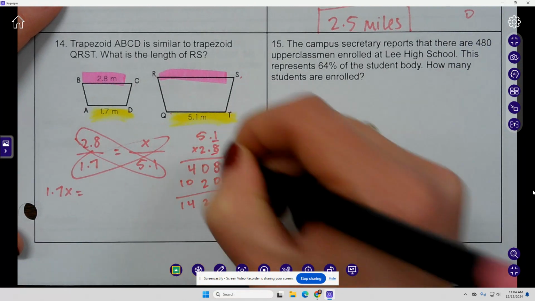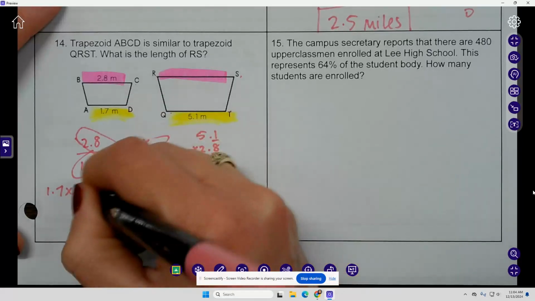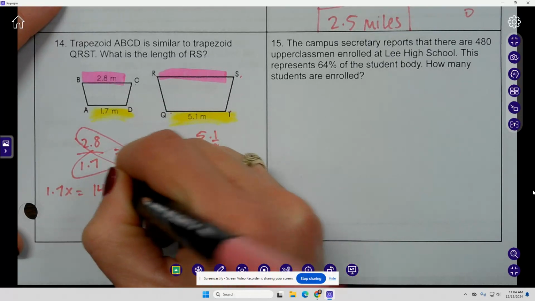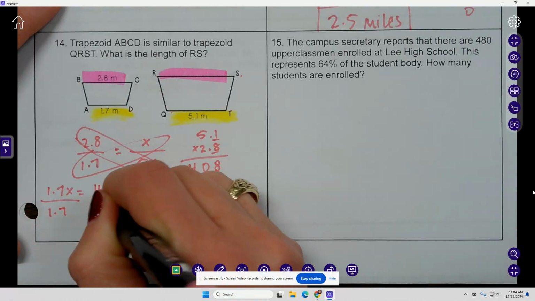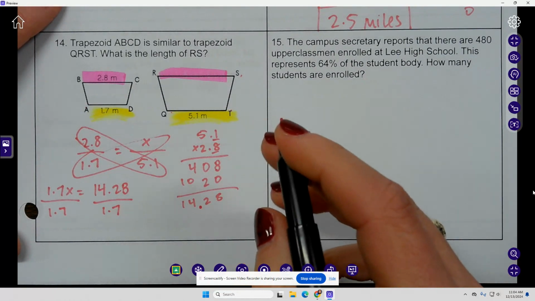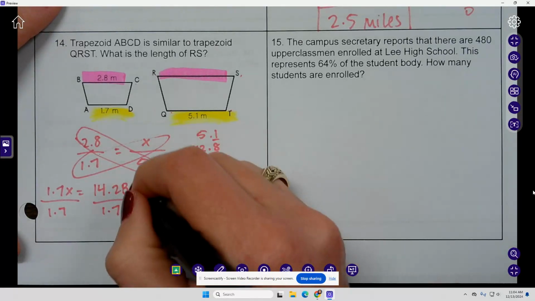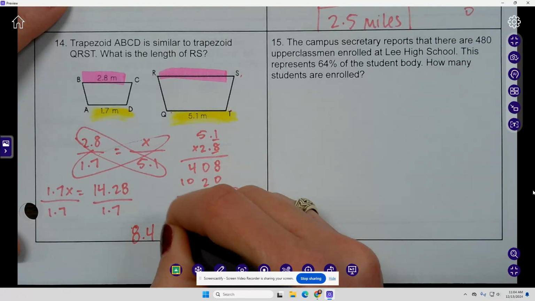I have two places after the decimal, so I need to move it 1, 2. So it's 14.28. I'm going to divide by 1.7. I'm really running out of room here. So I'm going to go ahead and tell you, you know how to divide this by now. x equals 8.4 meters.